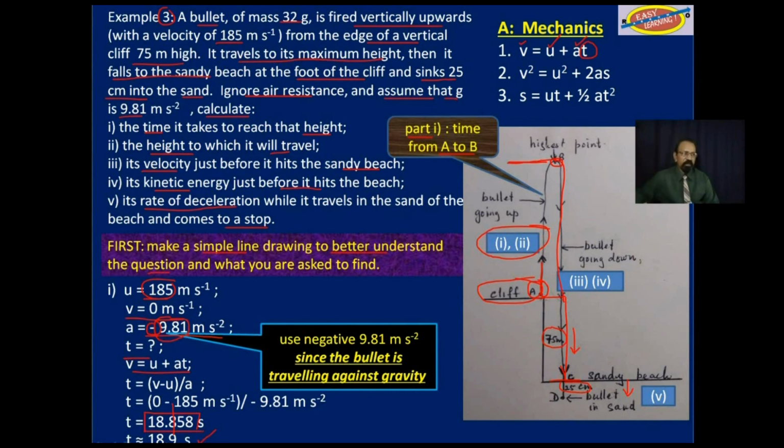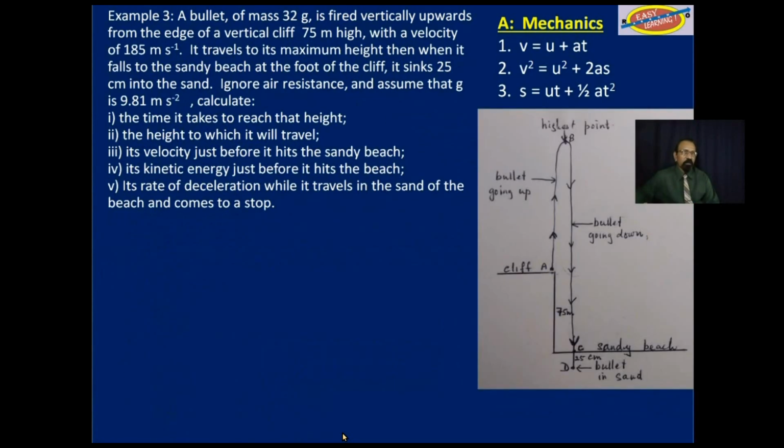We do have our three significant figures, and we have shown that we have rounded it off to that. But just to make sure, you can always say 18.9 plus or minus half of this position, which is 0.05 seconds. So we got the time it takes to reach from A to B, the highest point.